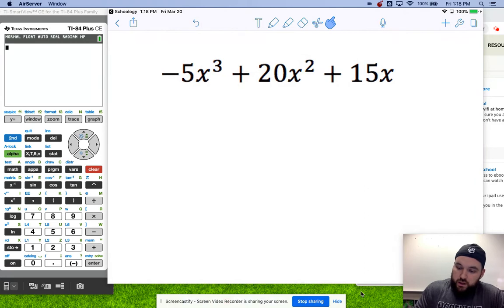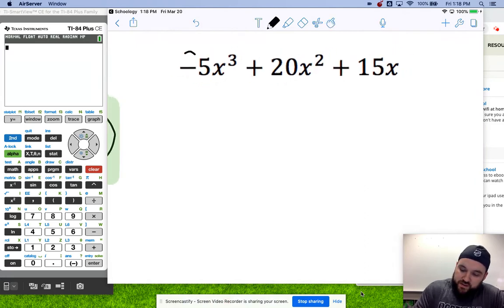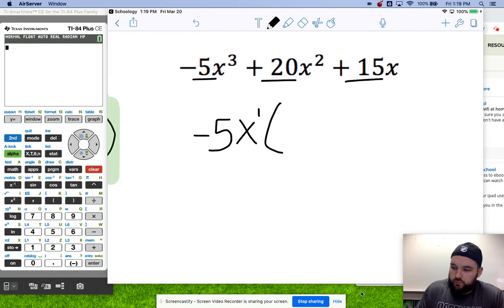Okay. And don't forget, one of the things when we talked factoring is if you see a negative number to start, we're going to include the negative sign when we talk about GCF. So 5, 20, and 15 can all be divided by 5, but again, I'm going to include the negative there. And then x to the third, x to the second, and x to the first, they all have x. But I can only take 1 from all three of those terms because my third term only has 1 to give.